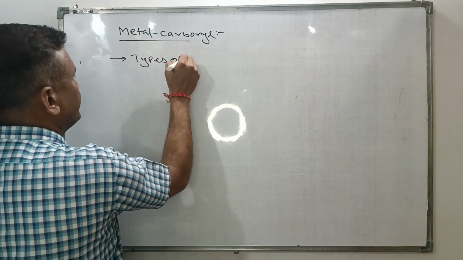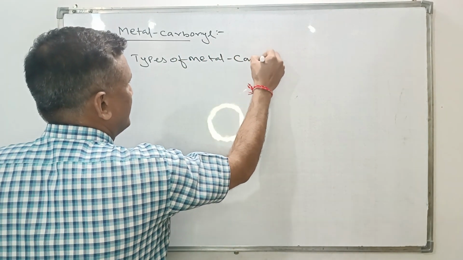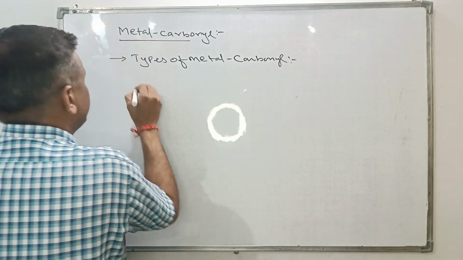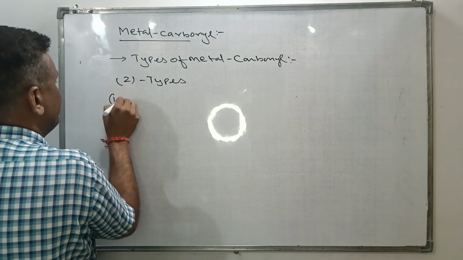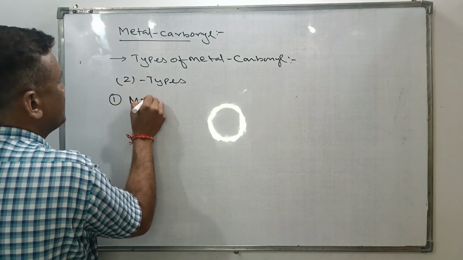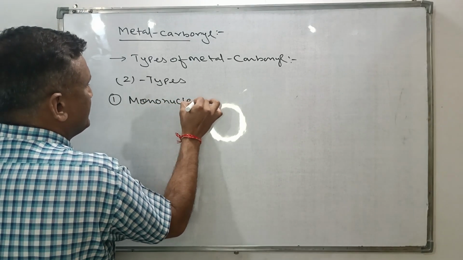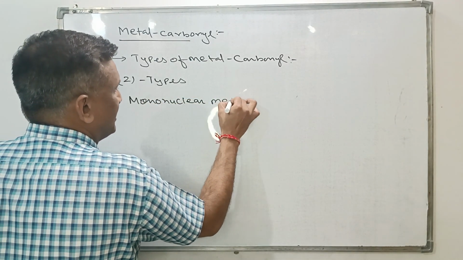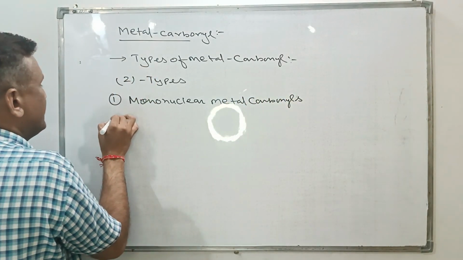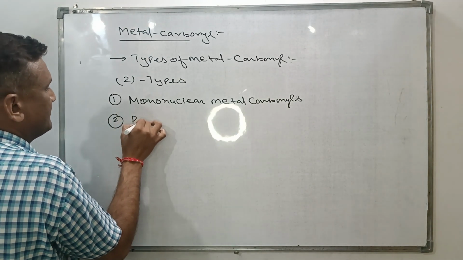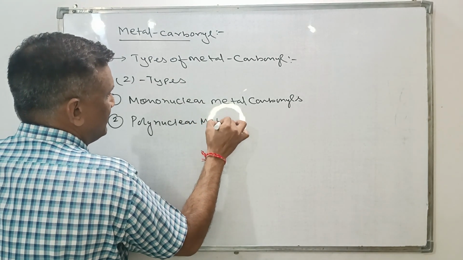Number one, mononuclear metal carbonyls, and number two, polynuclear metal carbonyls.